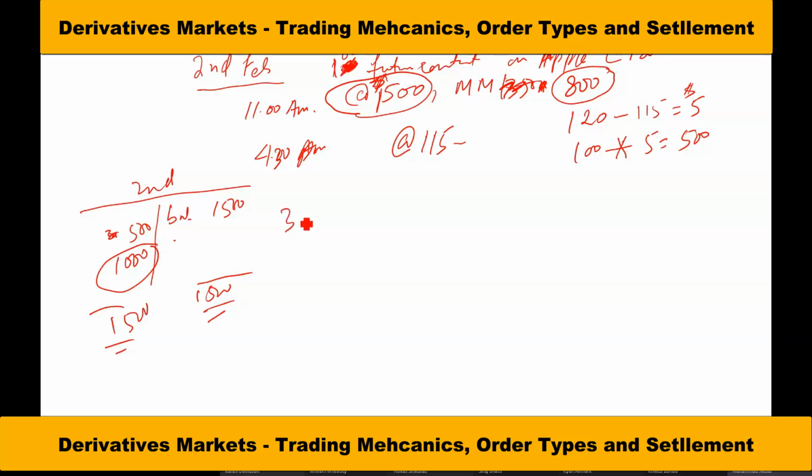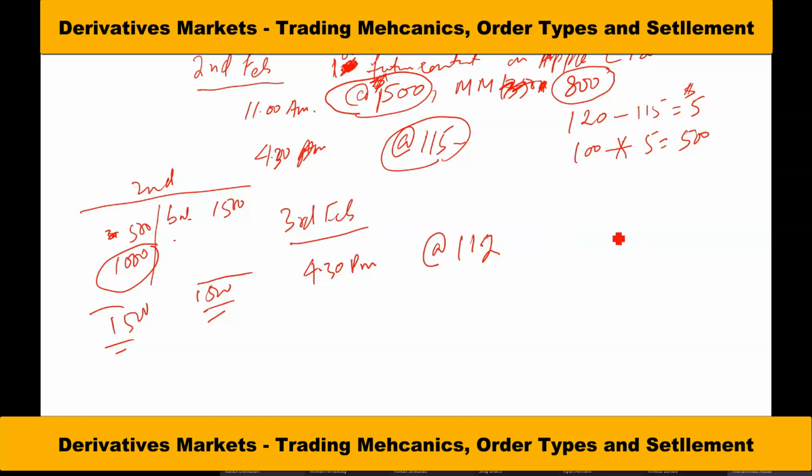I'm not required to deposit any money because I'm still above the maintenance margin. On the 3rd of Feb, the market closed at, let's suppose, 4:30 p.m. at 112. So the previous day close was 115, which will be considered as the opening price.